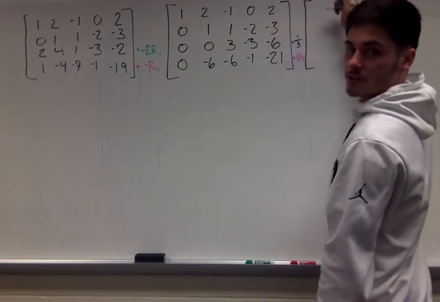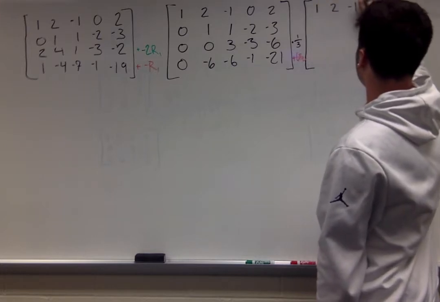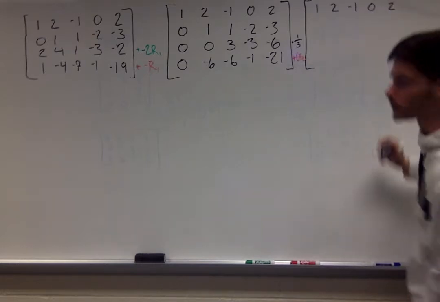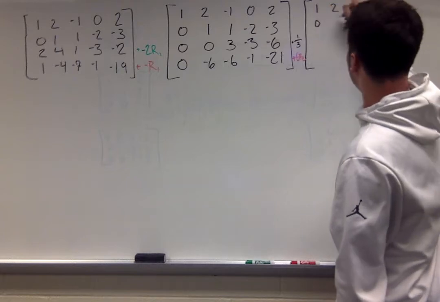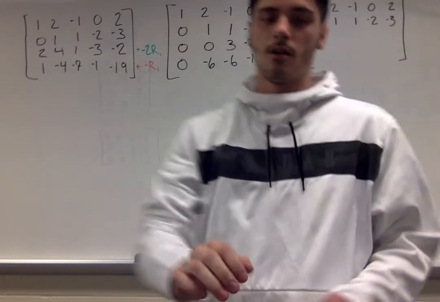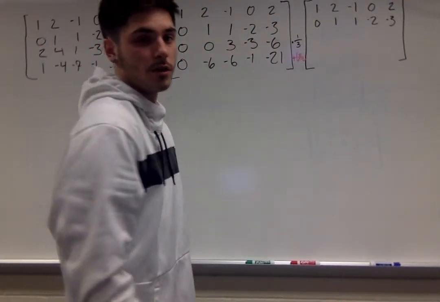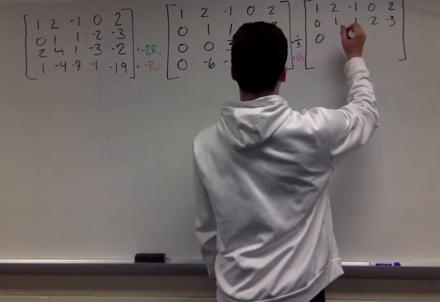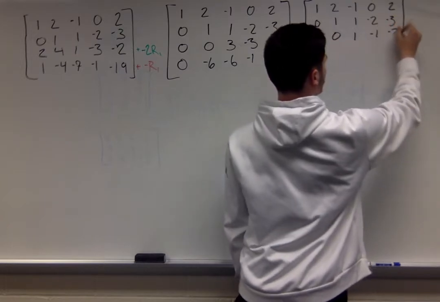So the top 2 rows stay the same again. We've got 1, 2, negative 1, 0, and 2. Fit all of that. Awesome. I've got 0, 1, 1, negative 2, negative 3. And then our lower 2 rows here are going to be 0, 0, 1, negative 1, negative 2.